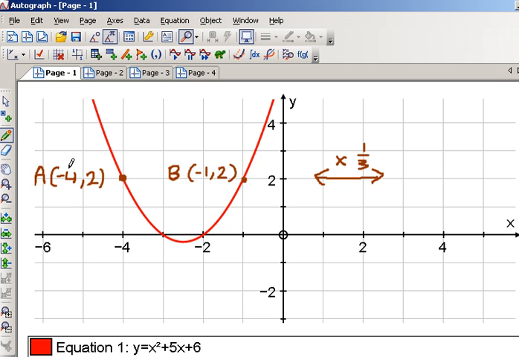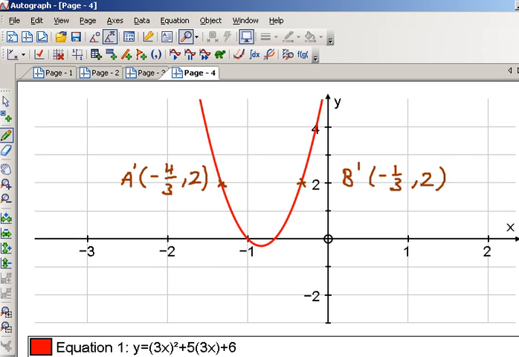So this becomes -4 over 3, and this one will become -1/3. The y coordinates are 2 here, they both remain unchanged. And this is the graph after the stretch has been applied, and you can see the x coordinates have both changed, the y coordinates are unaffected.